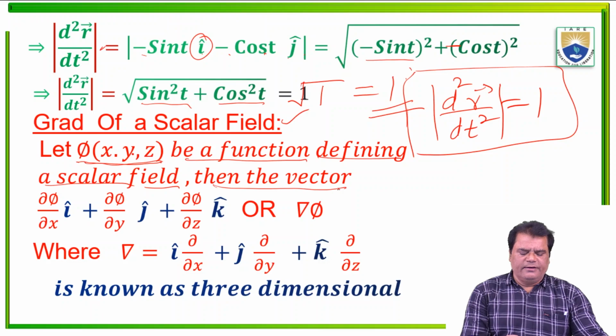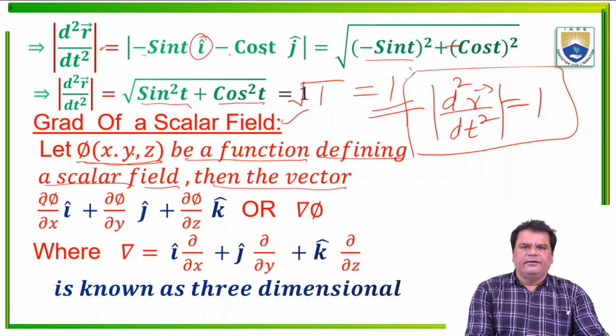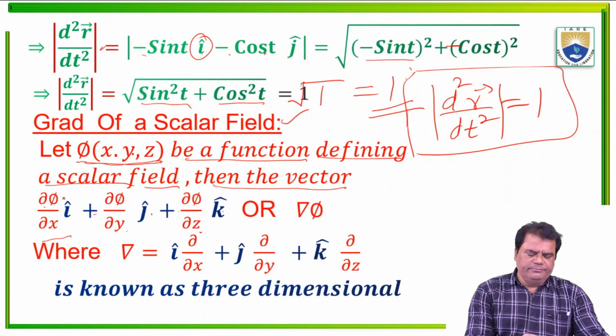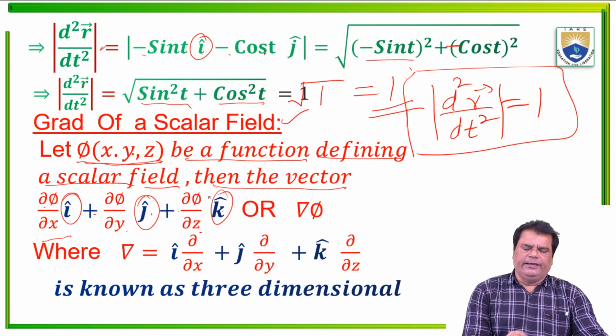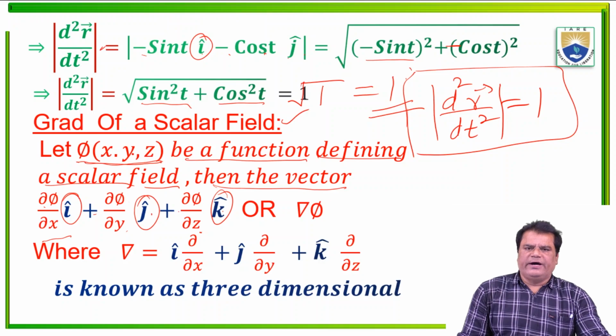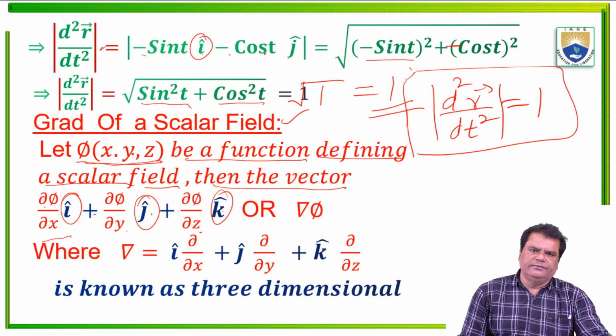Then the vector ∂phi/∂x times i plus ∂phi/∂y times j plus ∂phi/∂z times k. Here i, j and k are unit vectors along x, y and z respectively. These are non-coplanar vectors.